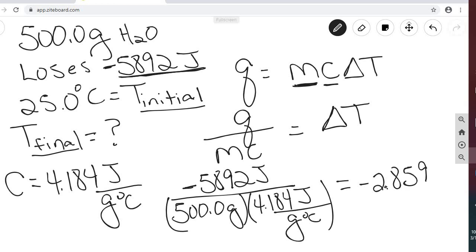And if we look at units, well, first we're calculating delta T, so that tells you that it's going to be degrees C. But if you need to look at units, we have a gram here and a gram here that'll cancel, a joule there and a joule there, so we have degrees C left. Okay, so this is delta T. Now that we have delta T, we can use the initial temperature to calculate the final temperature.